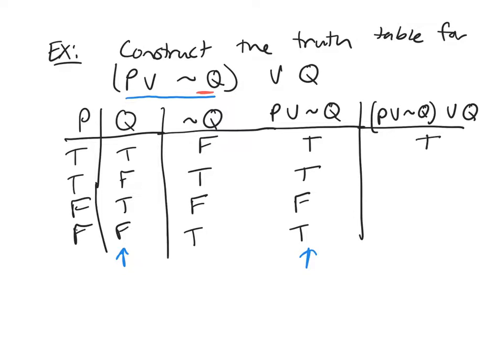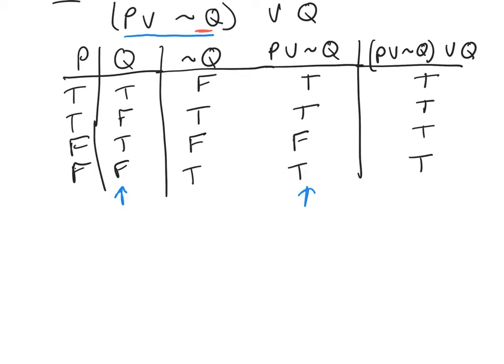So I'm getting true, true, true, true. I have a column containing all true values, and remember that that has a special name. It means that my statement is a tautology.